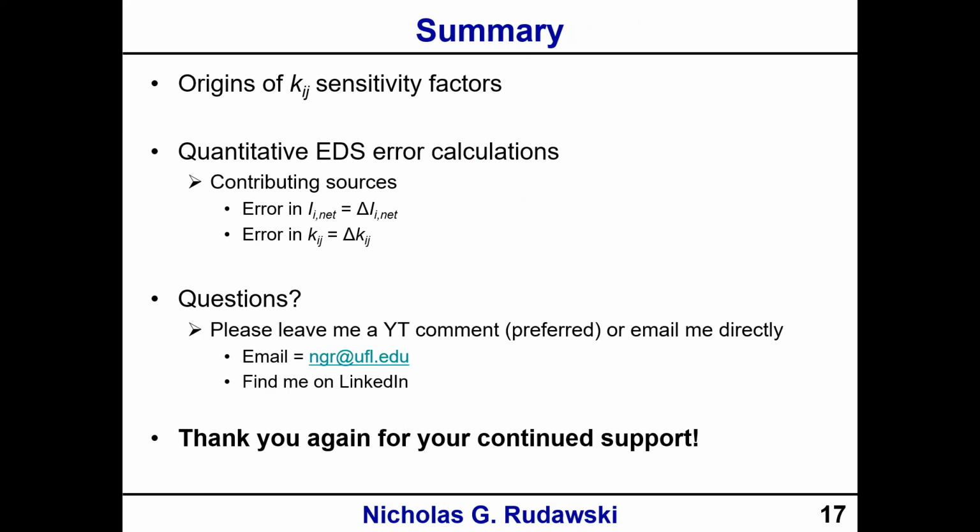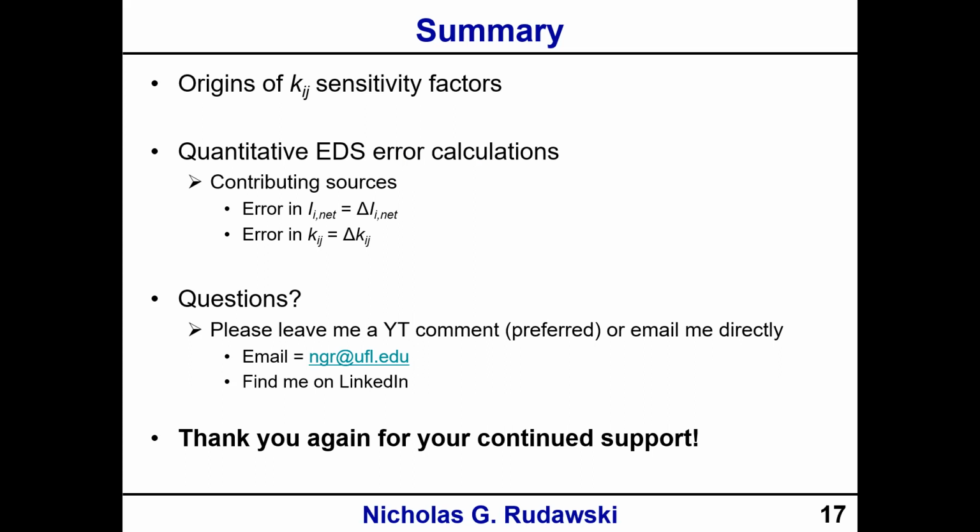All right, so just to summarize here, we went over the origin of Kij, right? So where is Kij? How do we calculate it? We saw the two approaches, the experimental versus the theoretical approach for dealing with the sensitivity factors. And then we went over the error calculations in the quantitative results, right?